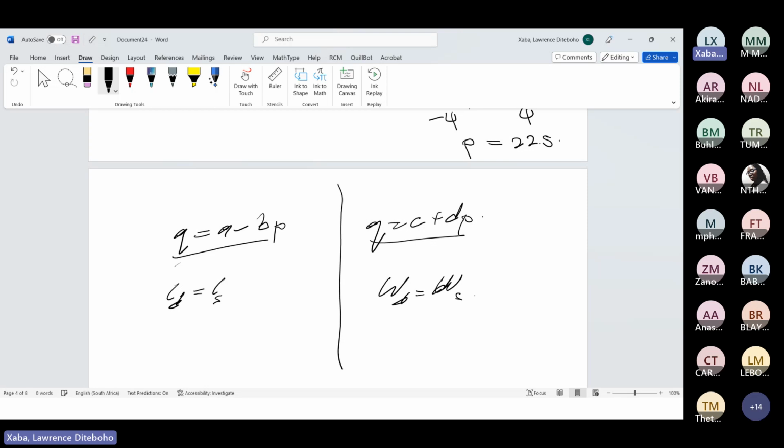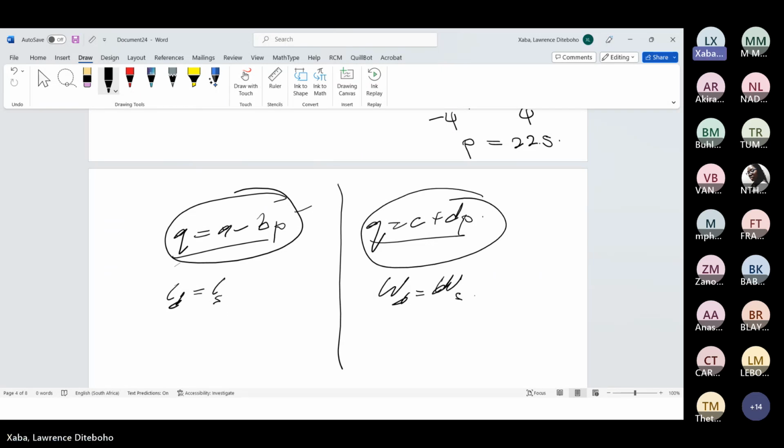We want the equilibrium, we want the two values. Equilibrium will be the intersection where the supply function meets the demand function. There will be a line on the Cartesian plane representing the demand function, and we'll have another line representing our supply function.